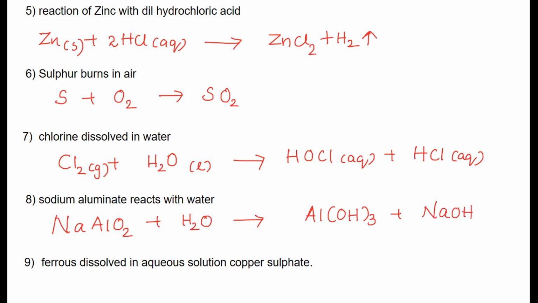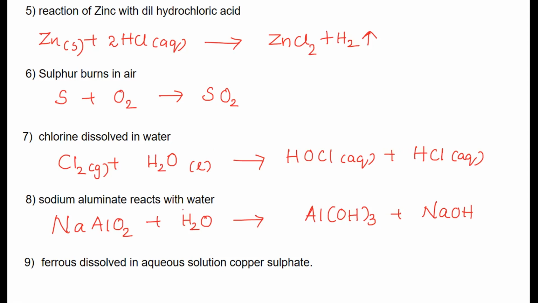Now we have to balance the equation. Oxygen here: 3 plus 1, 4 oxygen is there. But here 2 plus 1, 3 only. Now what about hydrogen? Hydrogen here 3 plus 1, 4 is there.